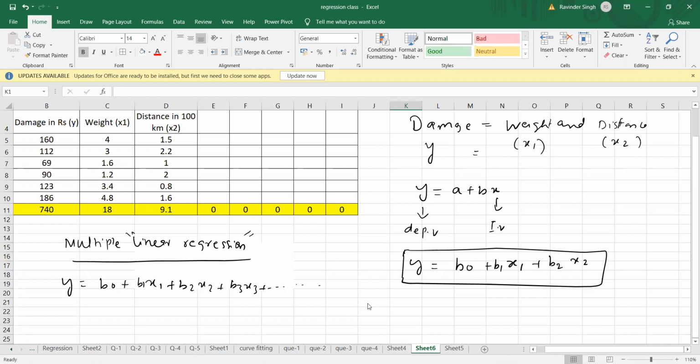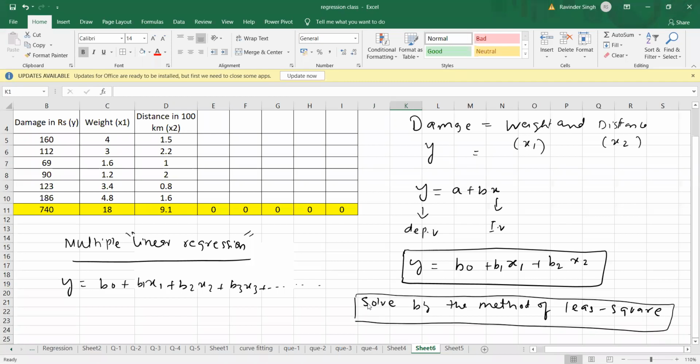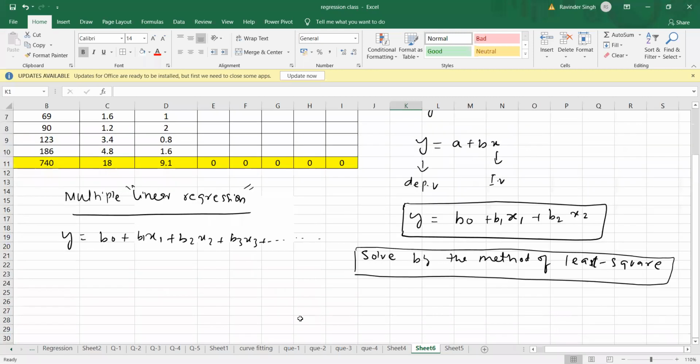And how to solve this multiple linear equation? We have to solve it by the method of least squares. We have many other methods, but because you have to solve manually with calculators, use the least squares method for the solution. But if you want to code the multiple linear equation in C language or Java, then we have the matrix method also.